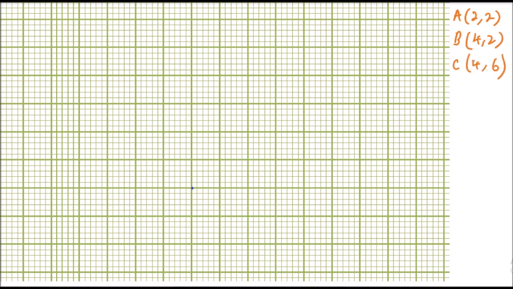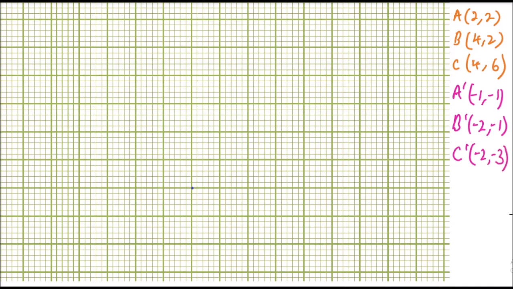Those are the coordinates of the object. Then we have A' at (-1, -1), B' at (-2, -1), and C' at (-2, -3).